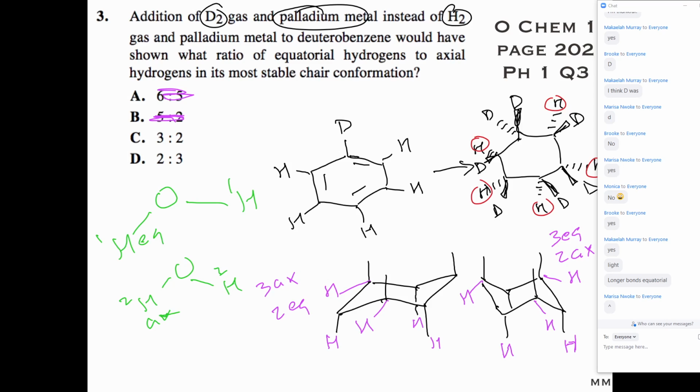If I have 3 axial H's and 2 equatorial H's, that's bad. If I have 3 equatorial H's and 2 axials, that's my best answer. Long-winded, and I'm probably going to blow off going much further into this because it's one of those passages I kind of regret keeping in the book.